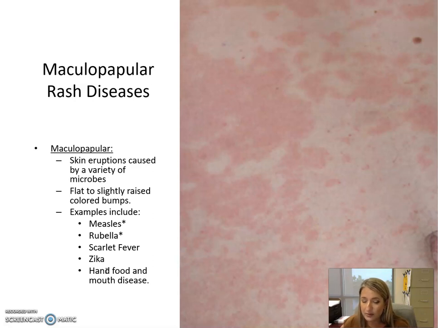Hand, foot, and mouth disease, which is common in small children, leads to lesions, typically, obviously, on the hands, on the feet, and the mouth. And these lesions are relatively mild, although they are somewhat painful and itchy, but they usually resolve themselves in a few weeks. But collectively, all of these diseases produce maculopapular rashes, which again are just rashes that have a flat to slightly raised appearance and some type of color ranging between pink and red.